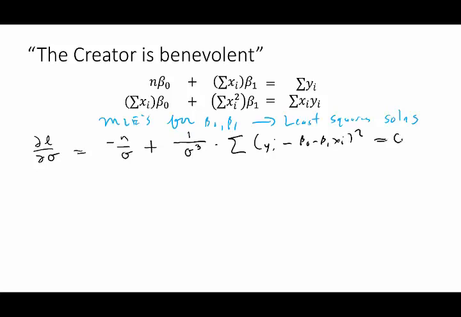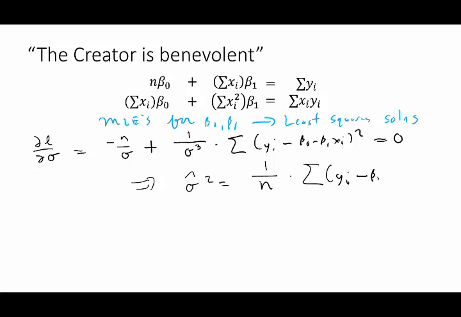And when we set this equal to 0 and solve for sigma, we'll end up getting sigma hat squared is 1 over n times the sum of yi minus beta naught minus beta 1 x, but of course then we need to plug in the values for beta naught and beta 1, which minimize the other two partial derivatives.